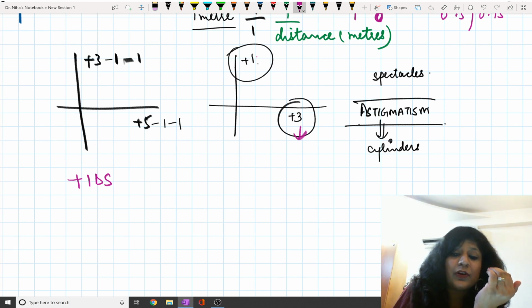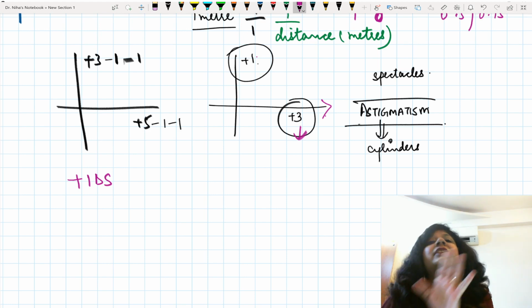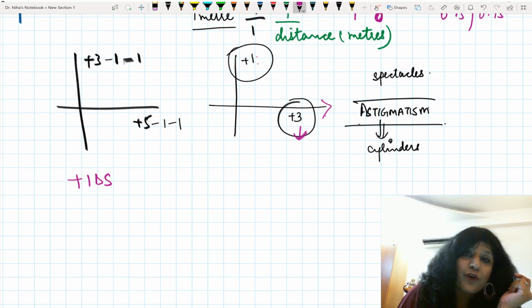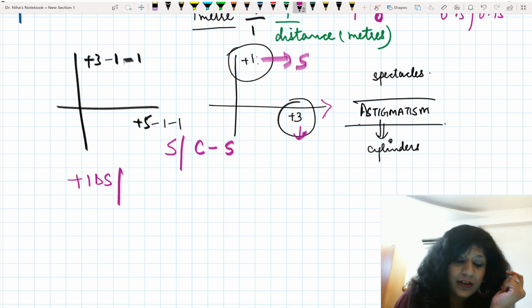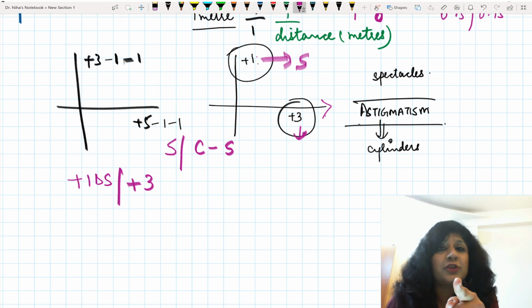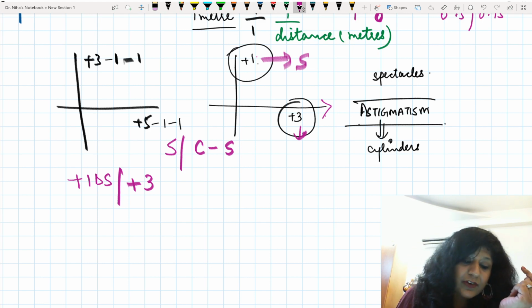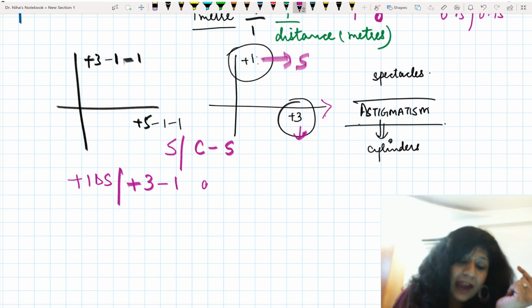So in this particular direction, when I want to give the cylinder, I will have to reduce the sphere. So what is the formula? That is sphere with cylinder minus sphere. So now because I have chosen this as a sphere, this becomes a cylinder. So I will take +3, but I have to reduce the spherical correction that I have already given. So I will reduce the -1 from this because this was a sphere.